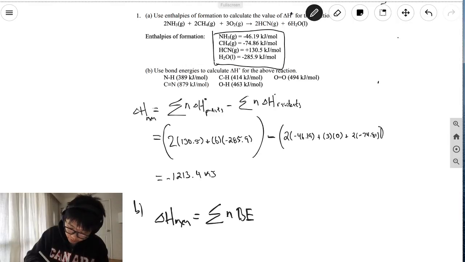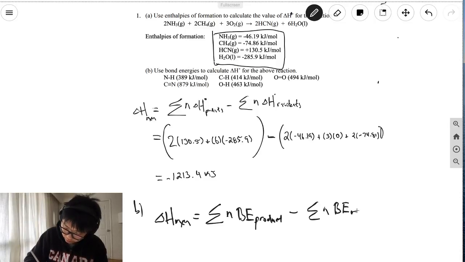This might take a while, depending on how big the molecule is, but I am going to attempt it: bond energy of the products minus the sum of moles times bond energy of all the reactants.